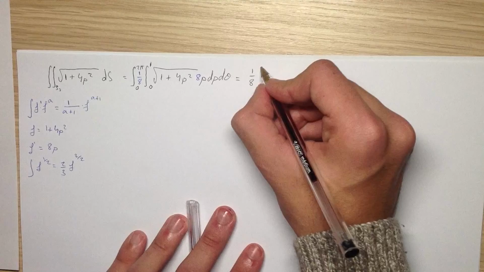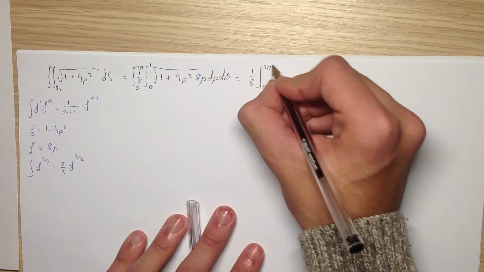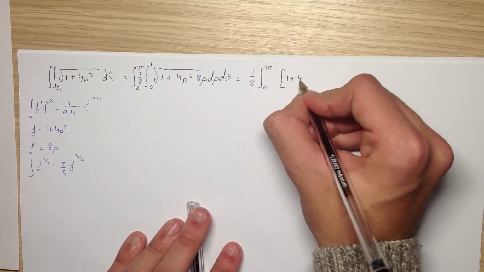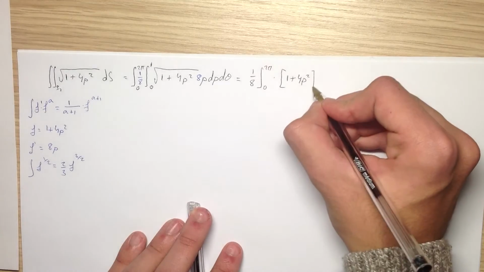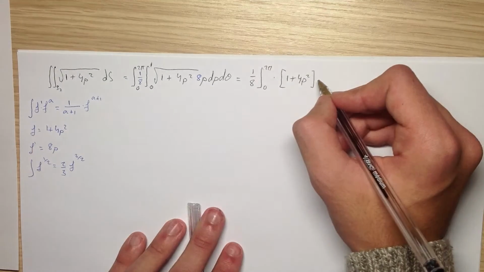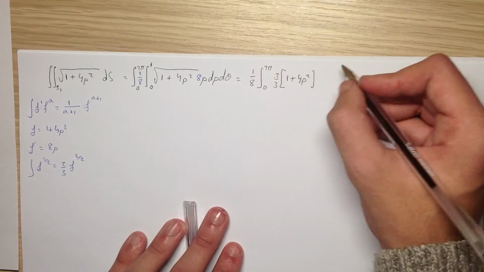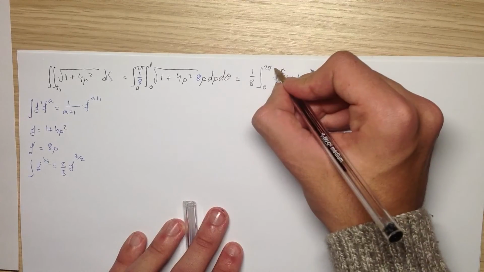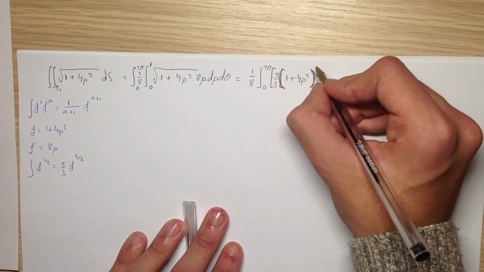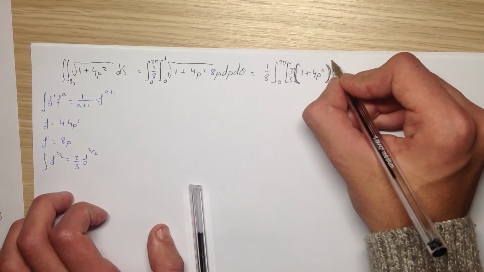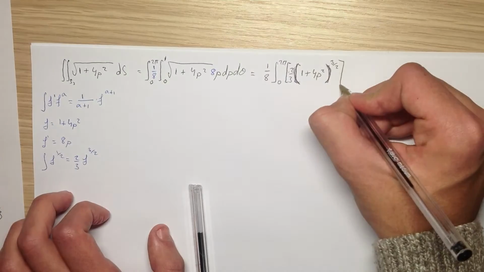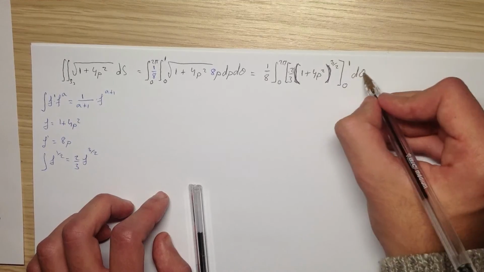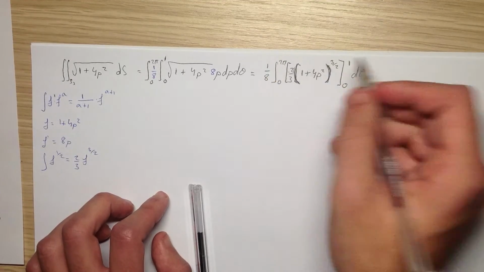So 1/8, the integration of 0 to 2 pi times 1 plus 4 rho squared, times 2/3. So I'm going to put square brackets here, and to the power of 3/2. And now from 0 to 1 d theta, because we haven't integrated this part yet.